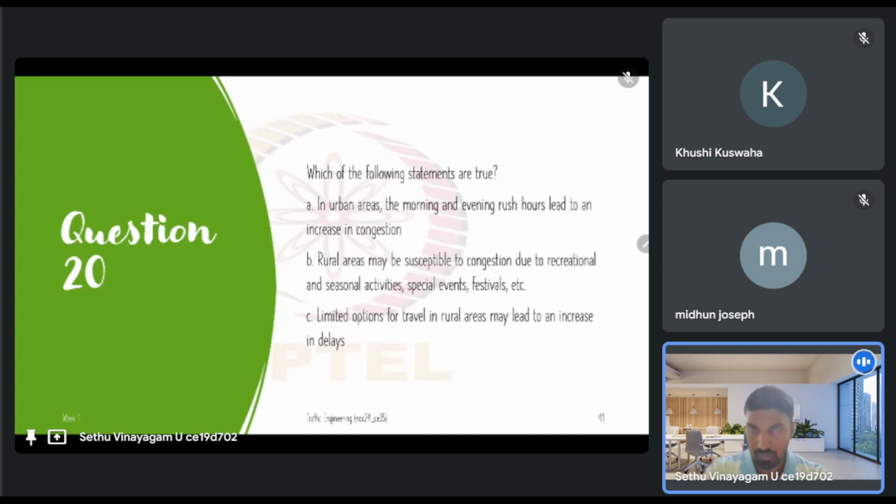So we have one vote for both options A and B. The answers.